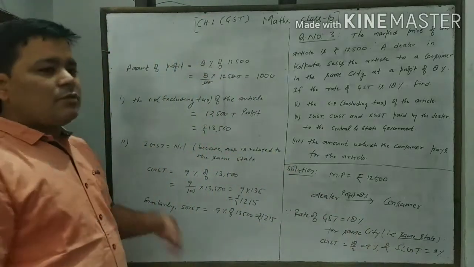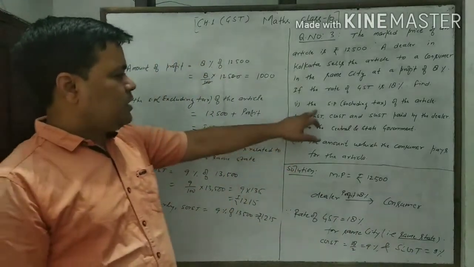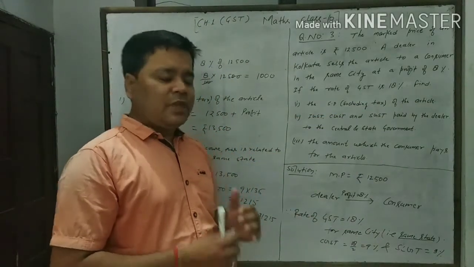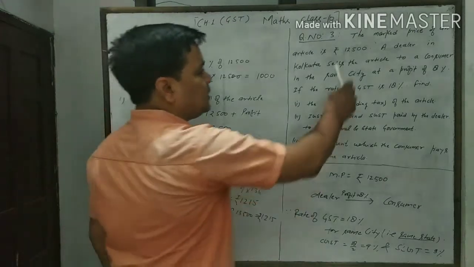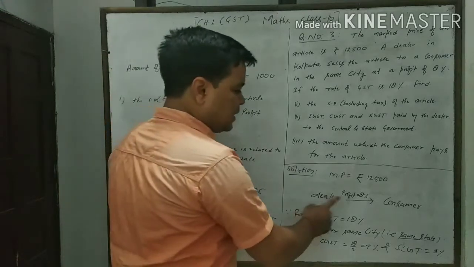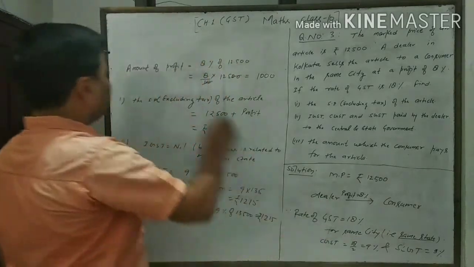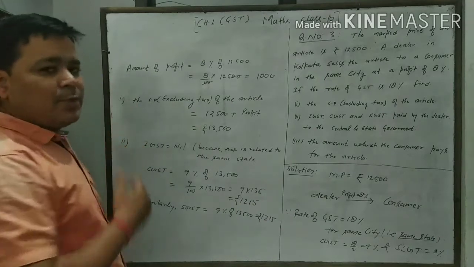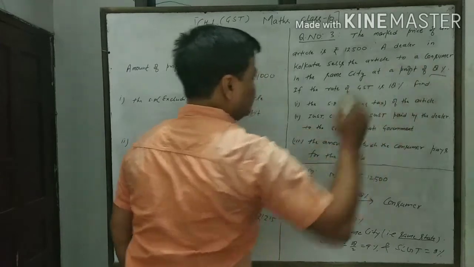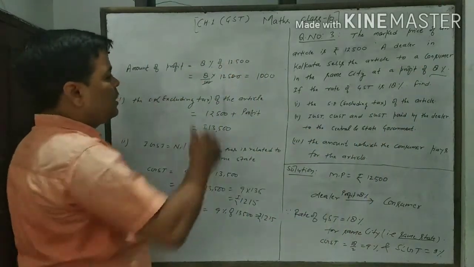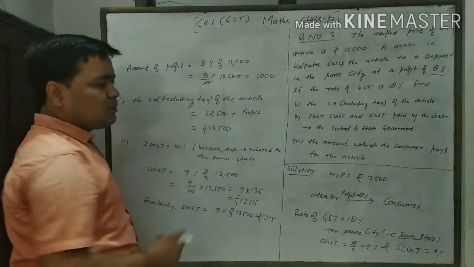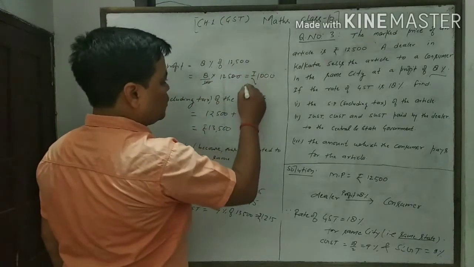Here, first of all, we want to find the selling price of the article. The selling price of the article is possible only when we add 12,500 plus the profit whatever the dealer takes from the consumer. So first of all, we find the amount of profit. Since the profit percent is given, that is 8%, the amount of profit will be 8% of 12,500 rupees, and 8% of 12,500 rupees will be 1,000 rupees.